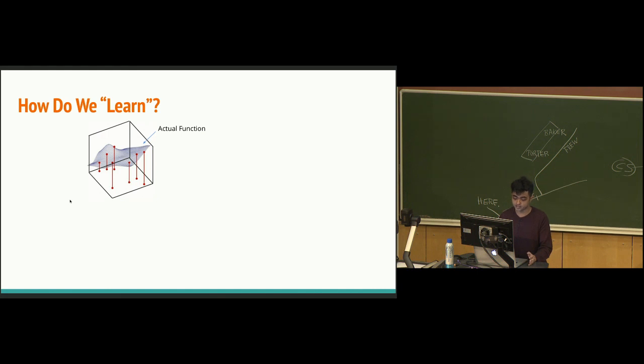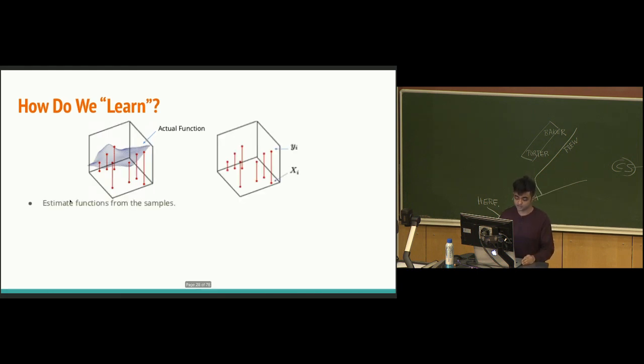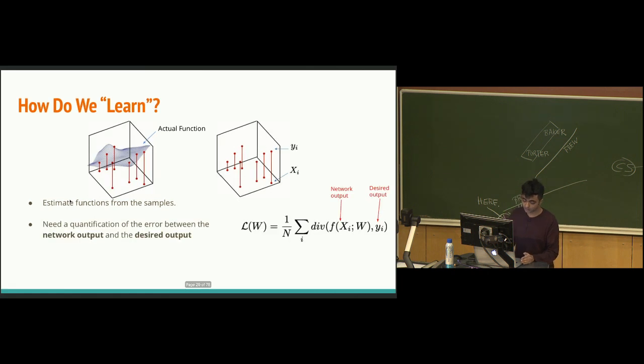Now in more abstract terms, suppose this is the actual function which we want to learn. We basically have these samples, xi and yi, and we want to estimate the parameters from these samples. Then we have this error term, and this error term is basically the sum of the error terms for every different example that we have.